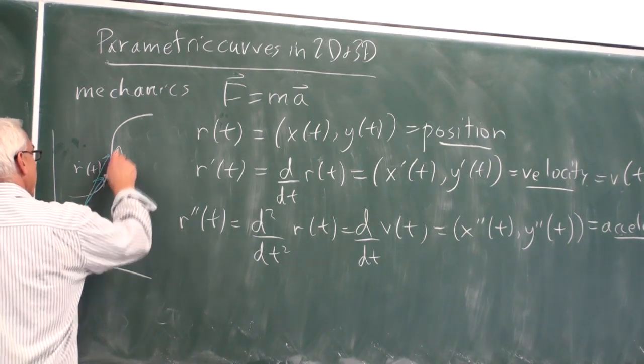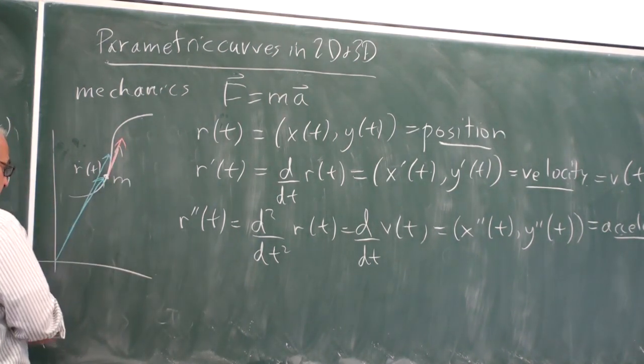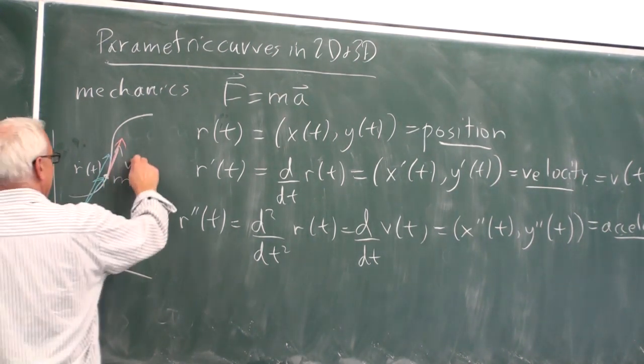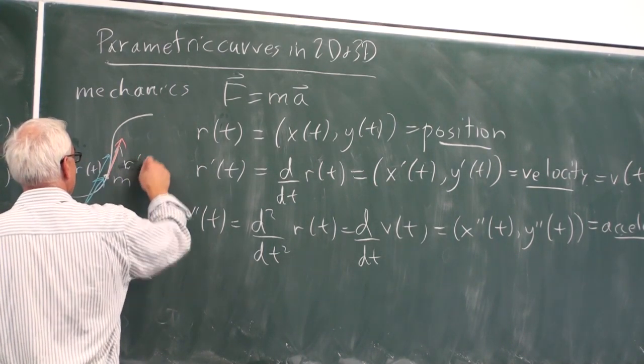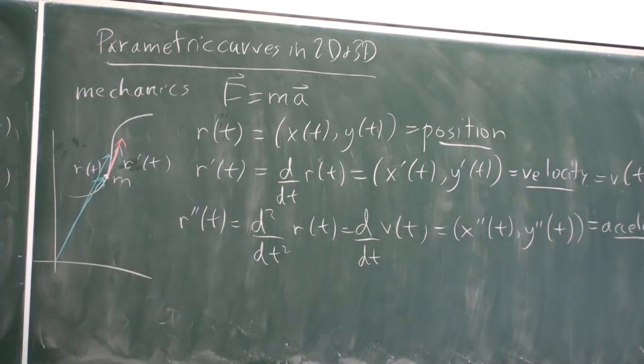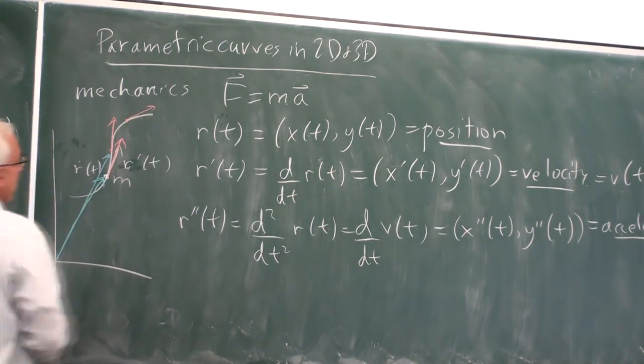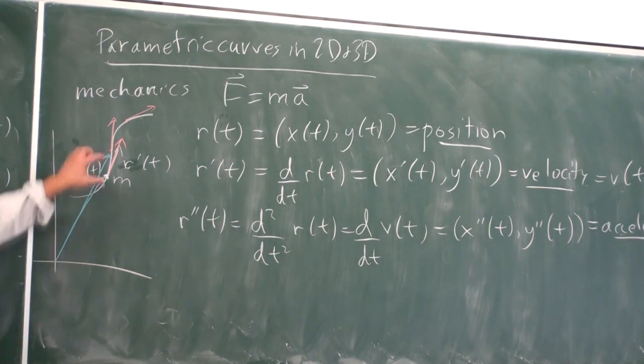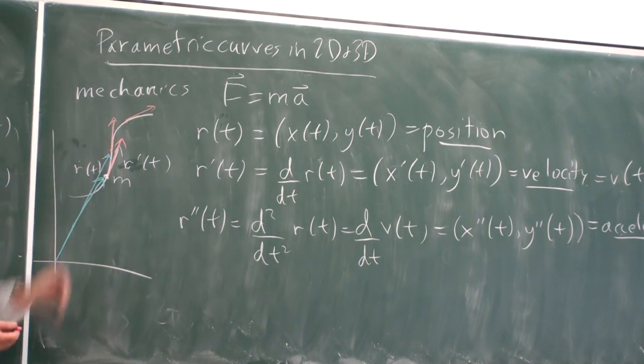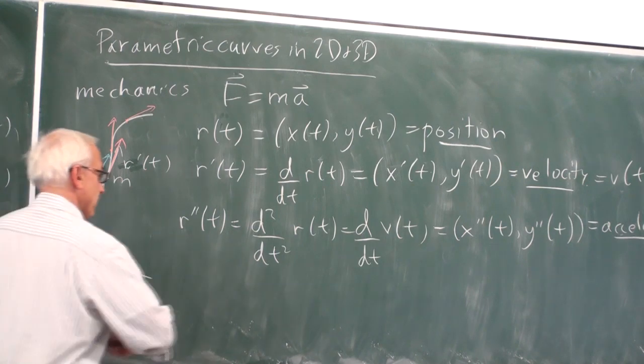Okay, so we're going to get a tangent vector. The way we can think about the velocity, r prime of t, is as a tangent vector to the curve. And of course, the size of that tangent vector is going to depend on its speed, which we should define as well.